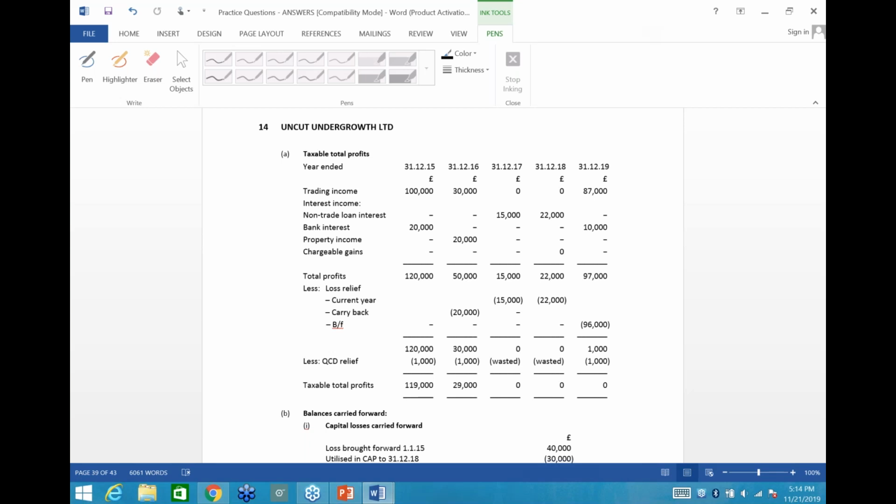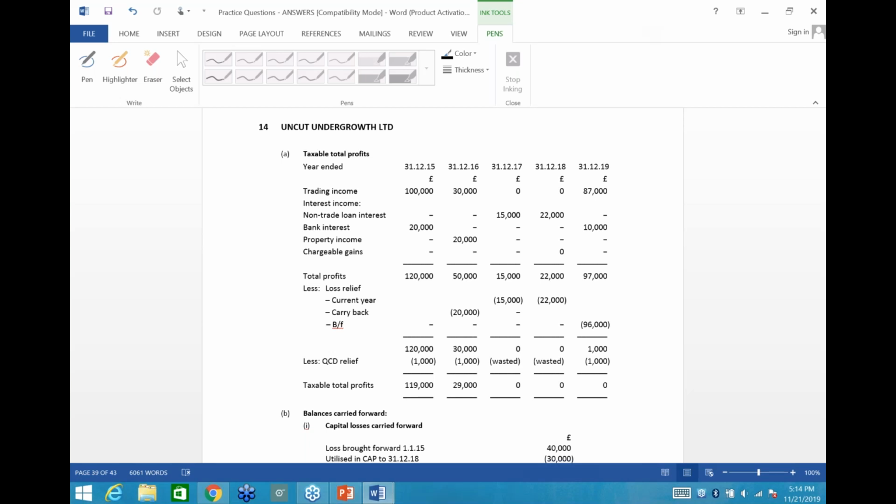Therefore, if you are preparing accounts for more than 12 months, you need to split your period of account into two separate chargeable accounting periods.